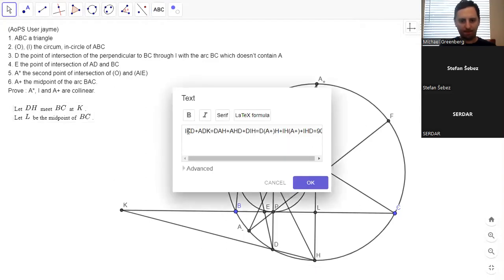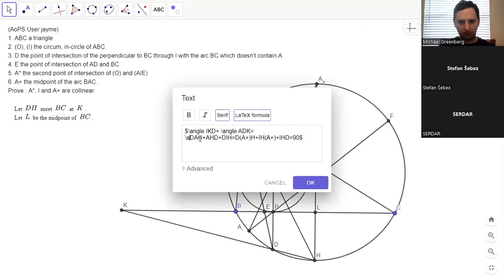So, all right. I like how the pluses make it confusing.